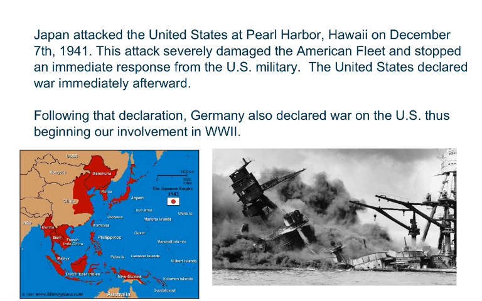Now, at the height of the Japanese Empire, you can see here in red that Japan ended up controlling a huge part of Asia. There was a concern of the United States that if we hadn't gotten involved sooner, they would have actually threatened parts of Australia, but it never got that far.